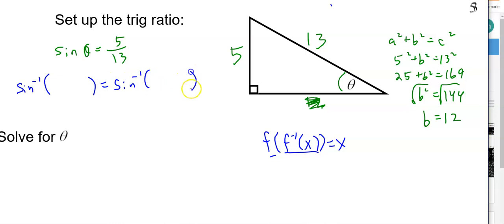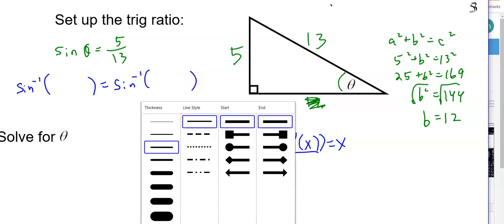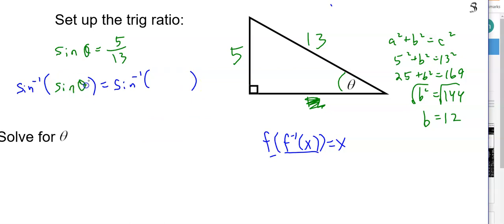I'm showing you why this step works. This is a step you've actually used before, probably many times. So sine of theta was on the left side and 5 over 13 was on the right. This is the part I want you to see. When you compose a function with its inverse, you're left with whatever you started with. So when you compose inverse sine with sine, you're just left with theta on the left-hand side.